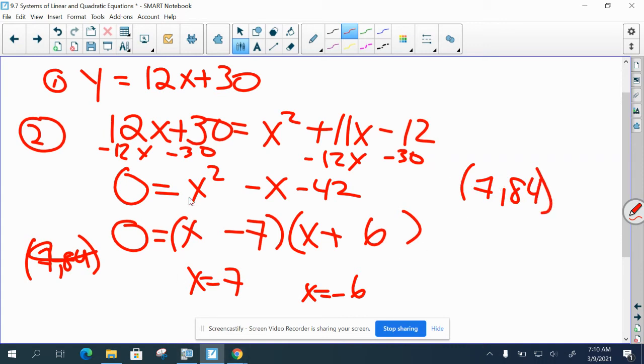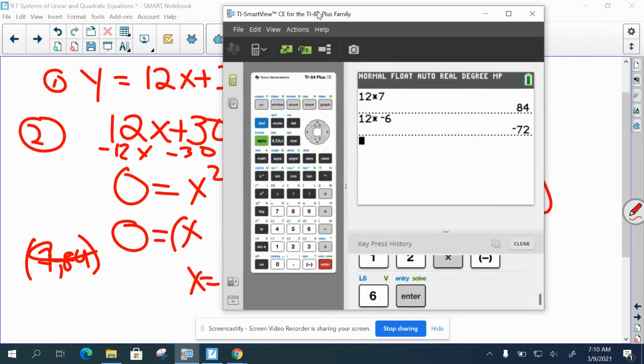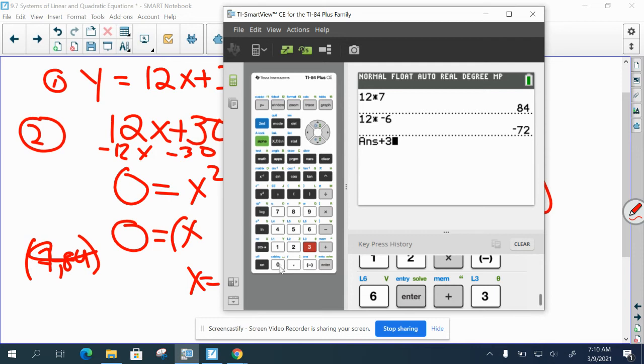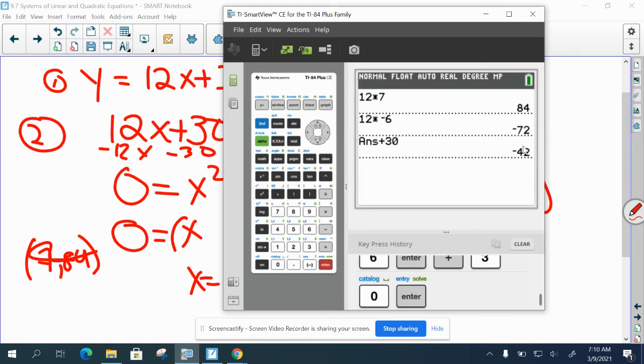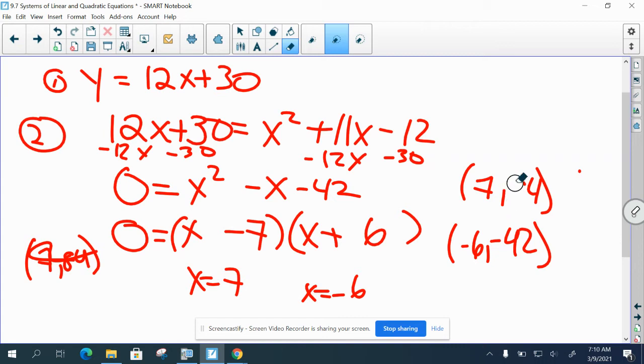And then how about 12 times negative 6? You know it's negative 72. And then we're going to add 30 to that, so we get negative 42. So negative 6, negative 42.